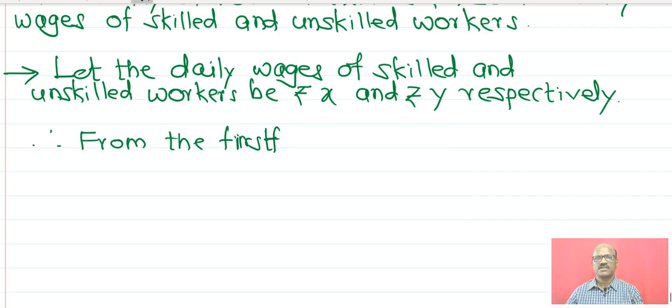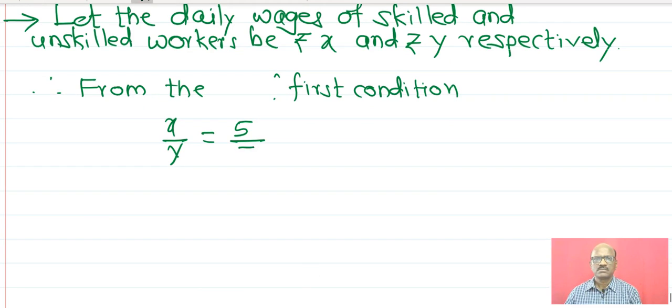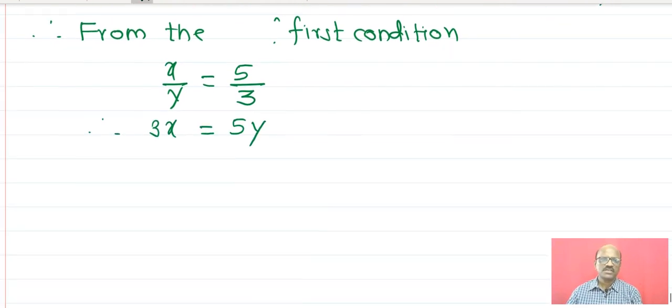From the first condition, x upon y is equal to 5 upon 3, and therefore 3x is equal to 5y.